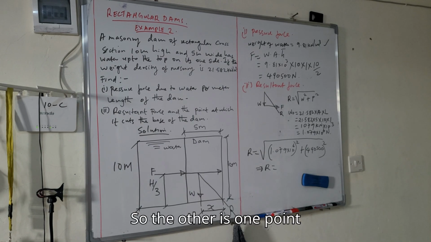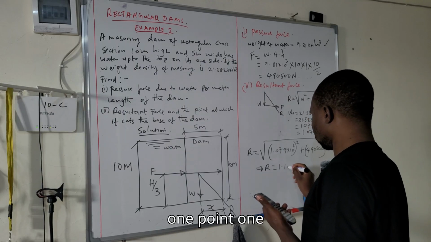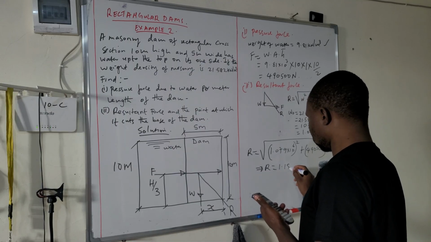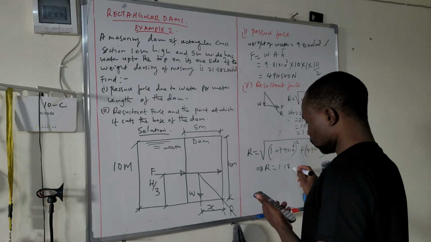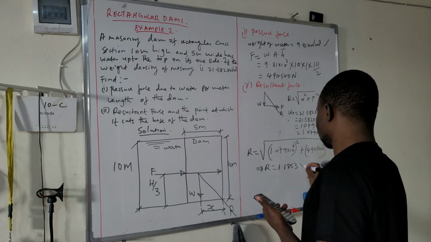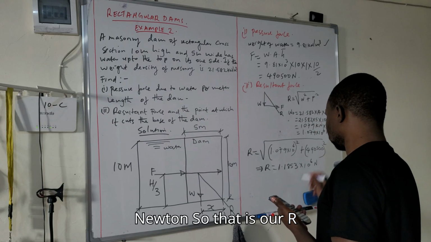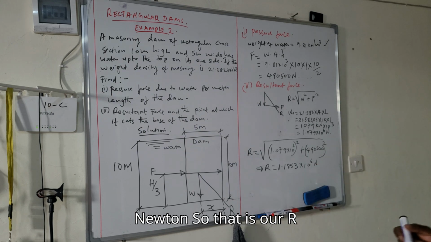So the answer is 1.1853 times 10 raised power 6 Newton. So that is our R.